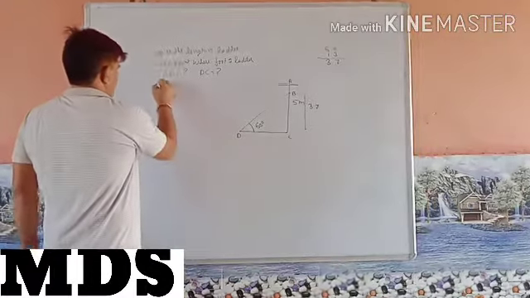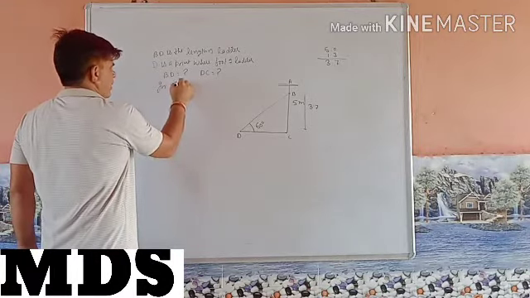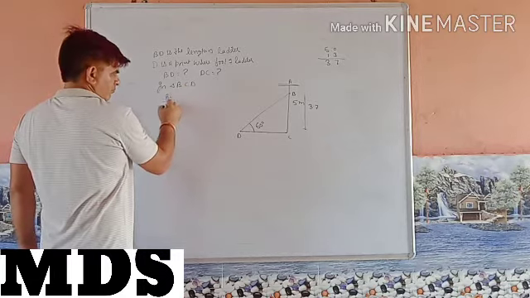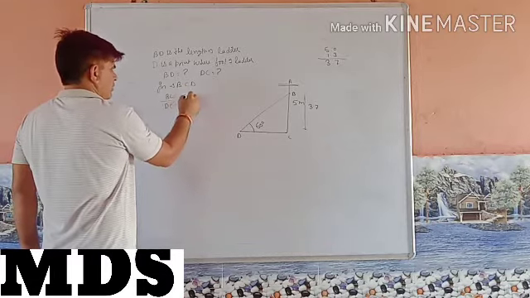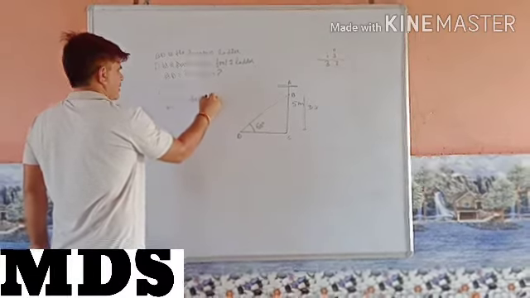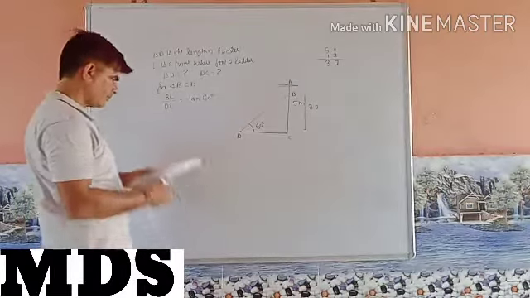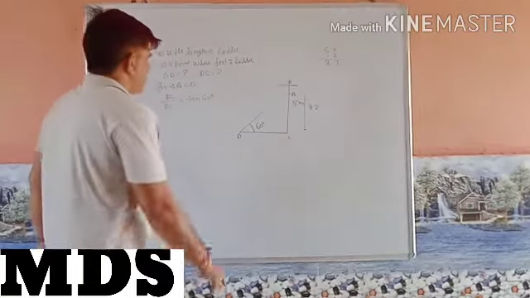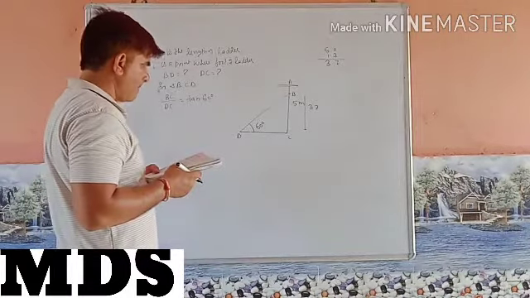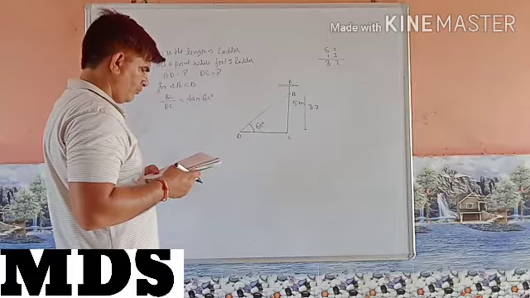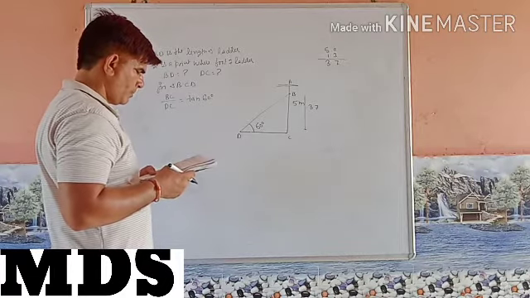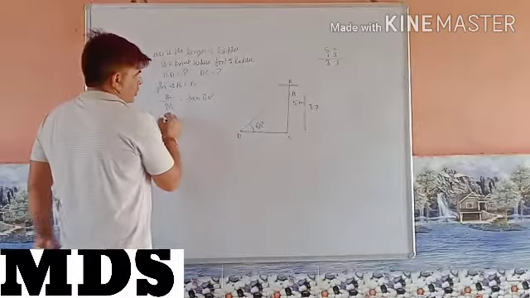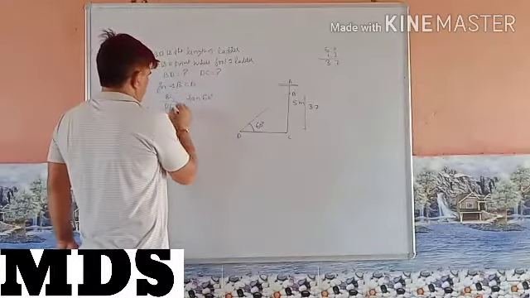So first in triangle BCD, BC by DC is equal to tangent 60. Yes or no? Understood this? So you have to find out DC.